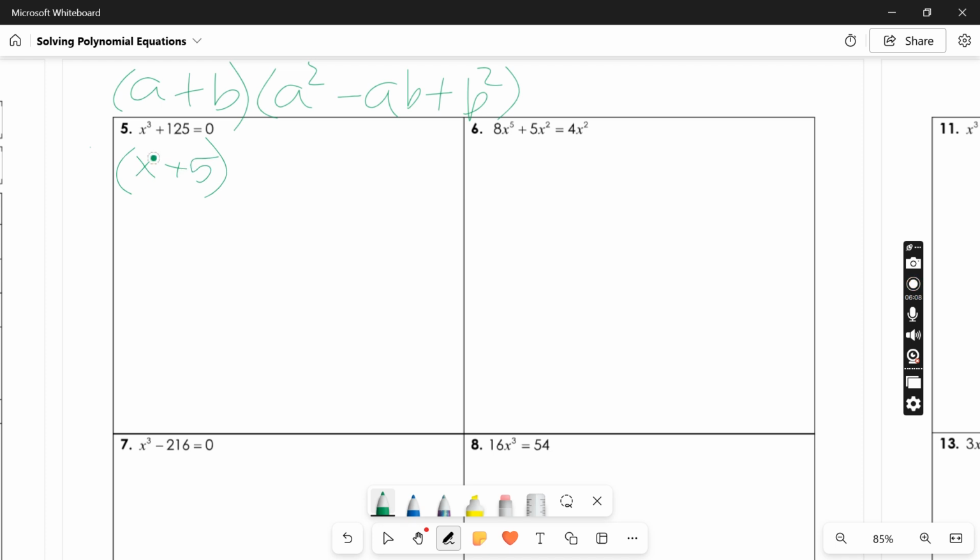So we have x plus 5. This is our a and b. So we're going to fill in the rest of this by using that. And so this is x squared minus, I'm going to multiply x times 5, which would just be 5x, plus, and then I'm going to do 5 times 5, which is 25.